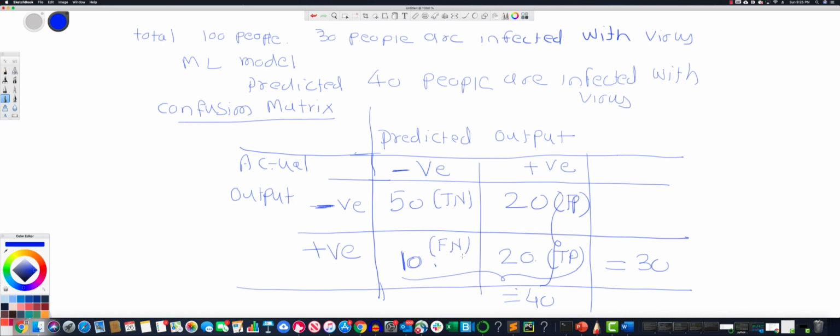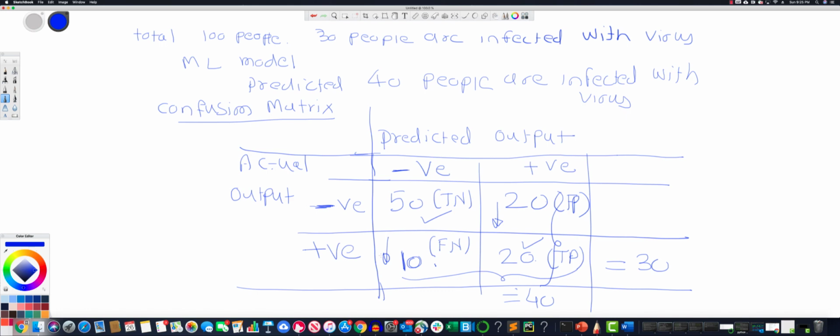The goal of any ML model is to maximize true negatives and true positives and minimize false positives and false negatives, where there is a mismatch. False positive and false negative indicate a mismatch between predicted output and actual output. True positive and true negative indicate a match between the predicted and the actual output, so we should maximize them as much as possible.